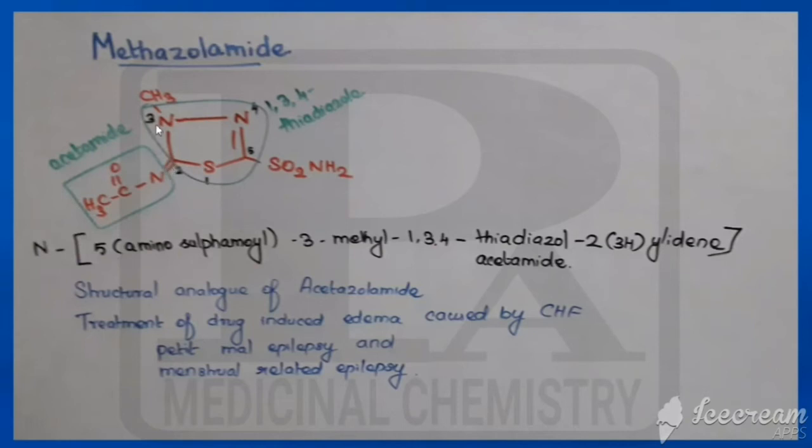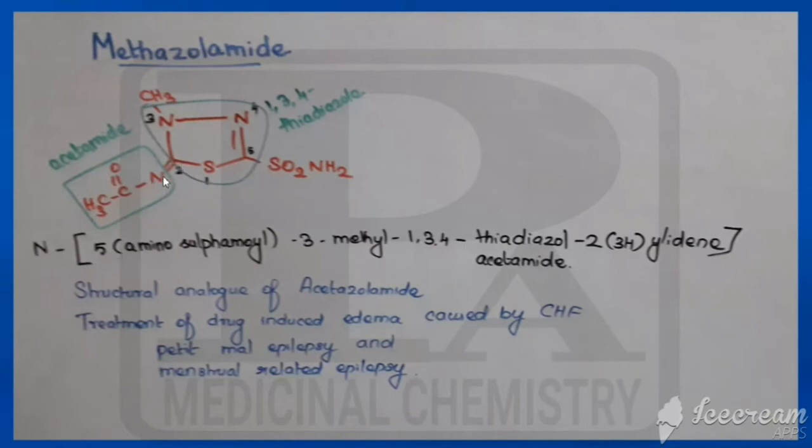So what are the two differences? One is it is having methyl in the third position, and the nitrogen is connected to the heterocyclic ring by means of a double bond. So what is the parent here? Same, acetamide. So what is the chemical name? With the nitrogen of acetamide only, this would be attached.